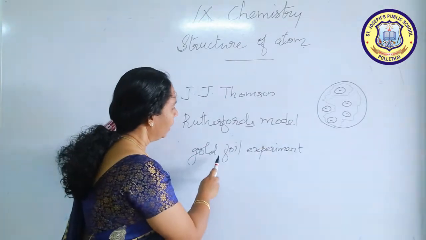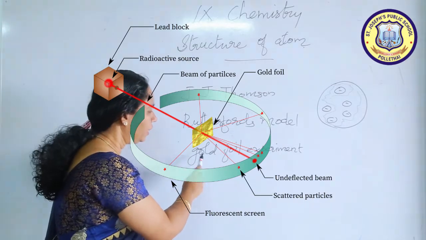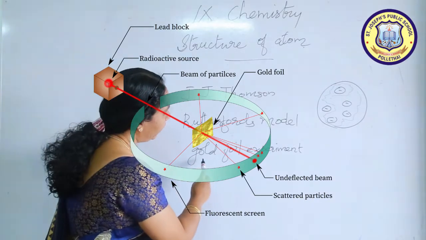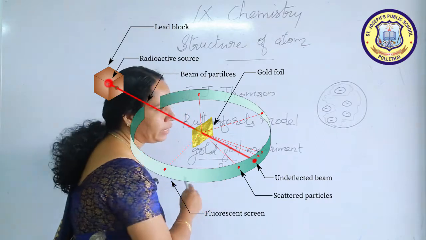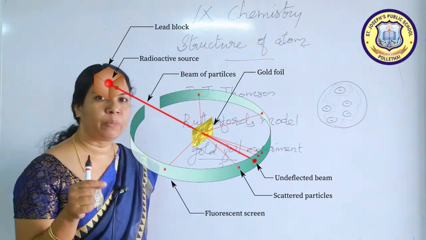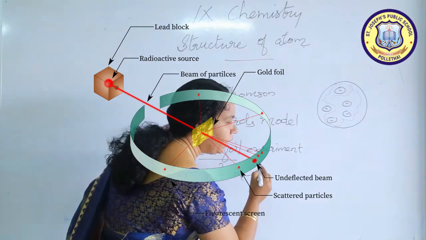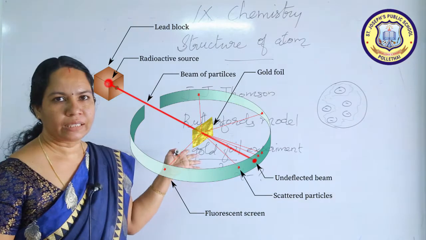In the gold foil experiment, alpha particles are bombarded on the gold foil. In the last class I discussed why he selected gold foil and why these alpha particles were selected.